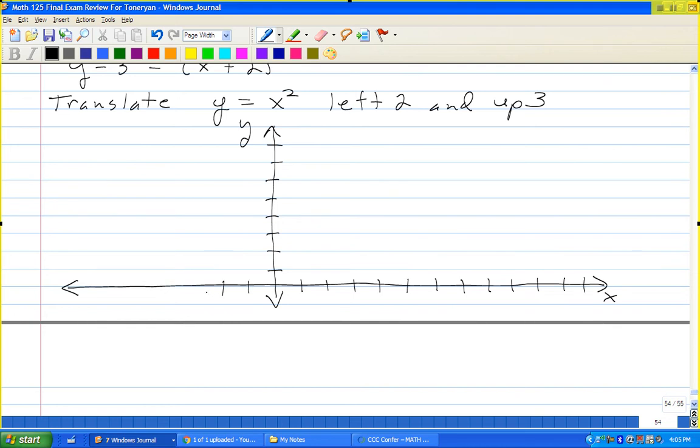So I just put my tick marks on the x and y axes.